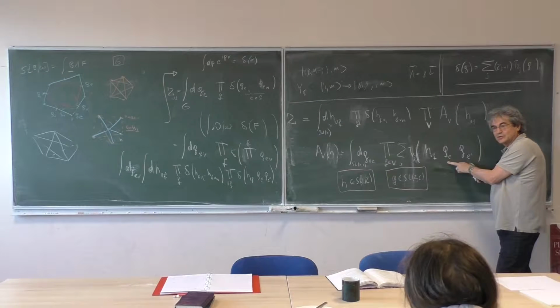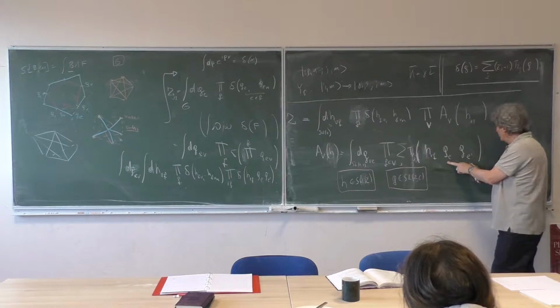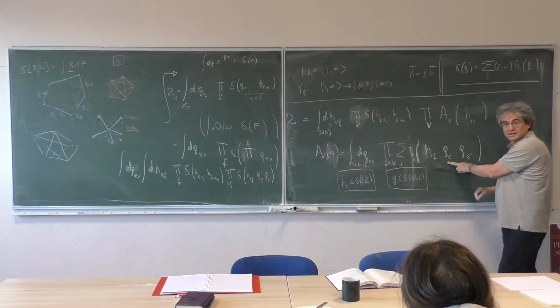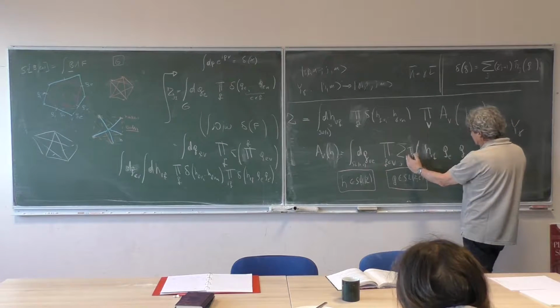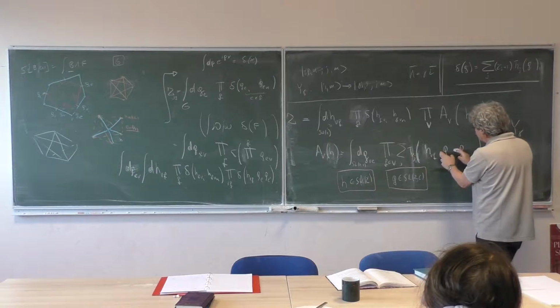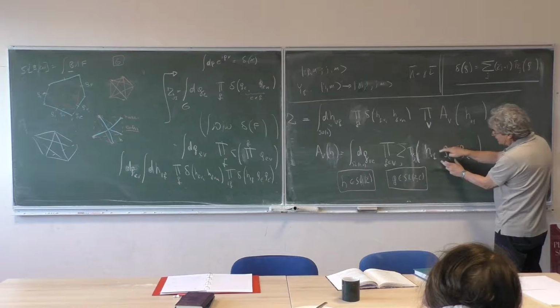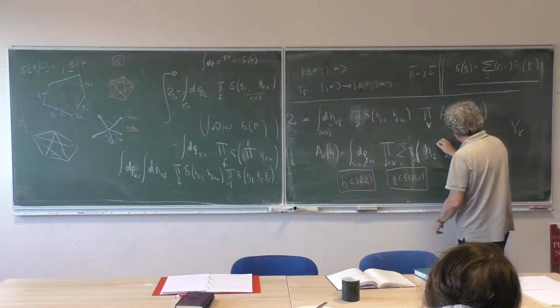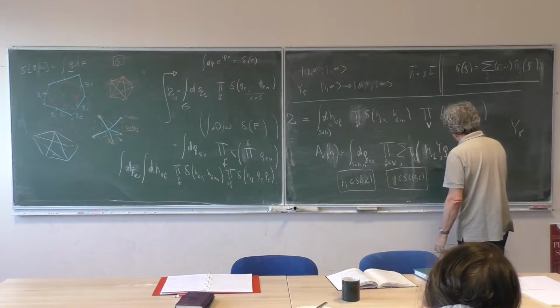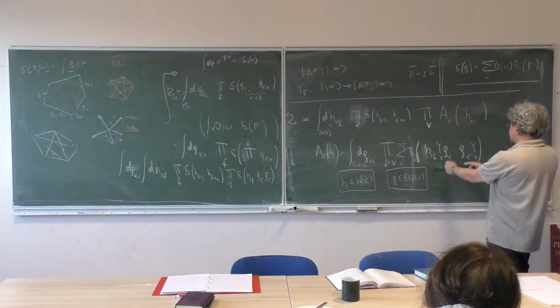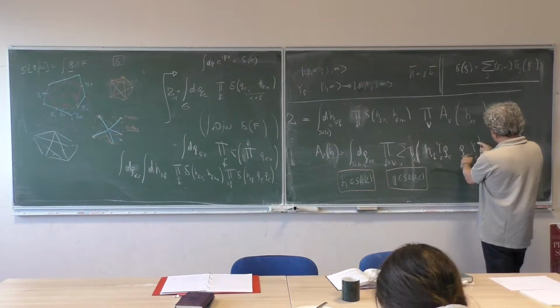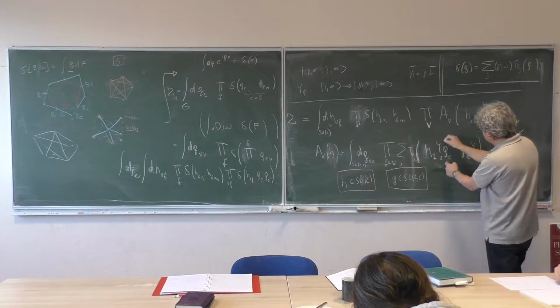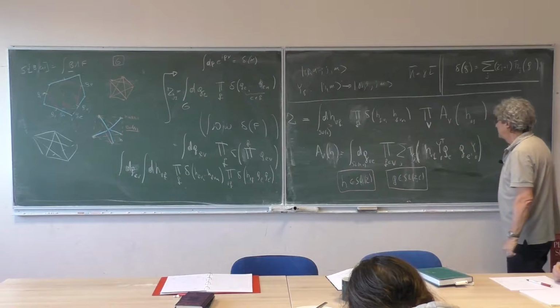So I need a way to map this SL2C element into SU2. I have it. That's exactly Y gamma. I have matrix elements in a unitary representation of SL2C, but I just put Y gamma here and here, Y gamma and Y gamma dagger. This is the good one, SU2 to SL2C, and this is its inverse. And I'm done.